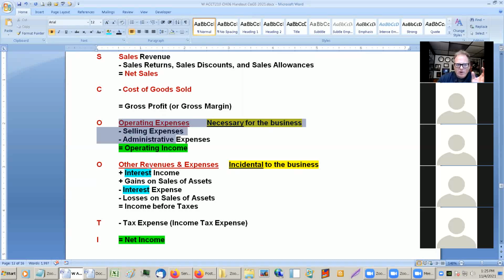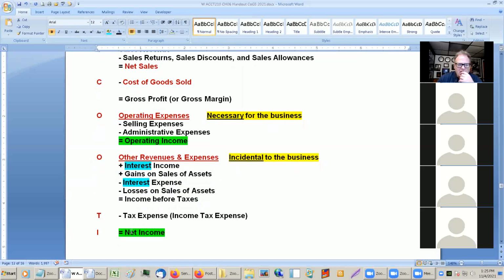These things are more important than these things usually. Down here, tax expense, sometimes called income tax expense, is paying taxes on your income. And then finally, we'll end up with our net income at the very bottom, just like we have for income.